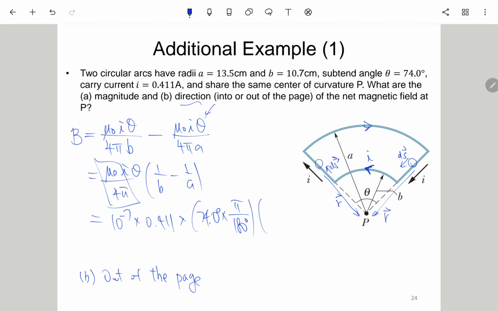And then times 1 over b. b is 10.7 centimeters, so it's 0.107, minus 1 over 0.135. So this is it, and the value is 1.02 times 10 to the negative 7 Tesla.